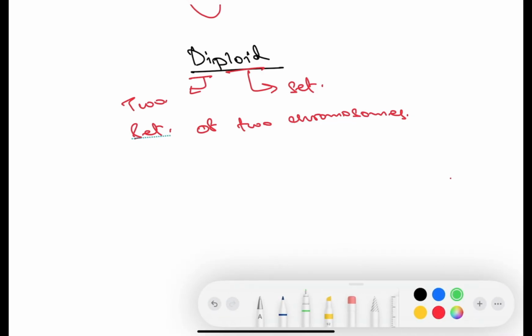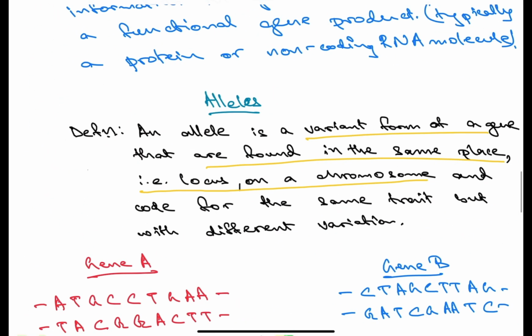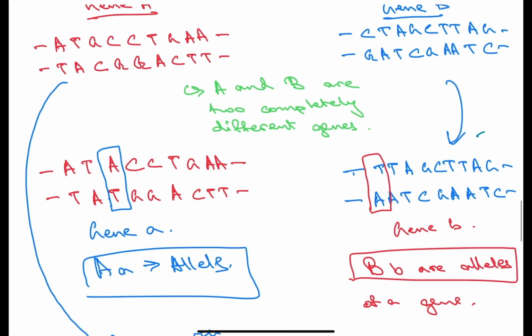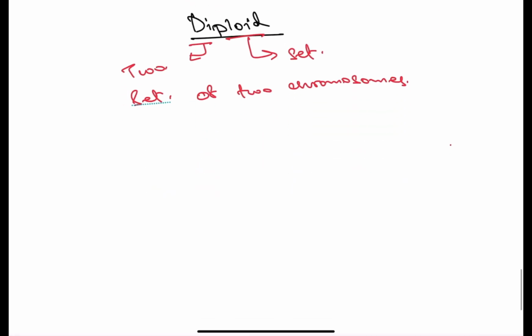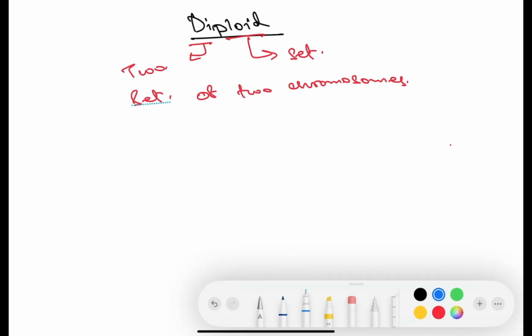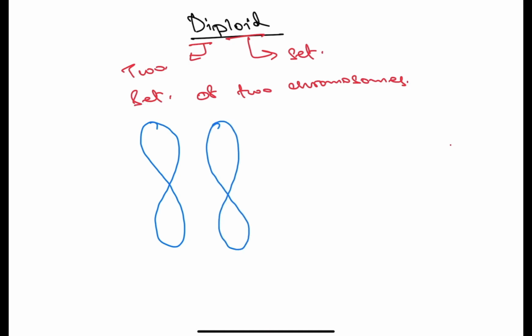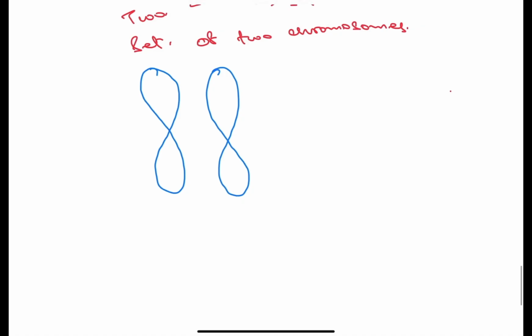So if we come to the definition, you can see it says they are found in the same place, that is, the locus on a chromosome. Since diploid organisms have two sets of chromosomes, suppose this is one chromosome and this is one chromosome. These two are identical, that is, homologous chromosomes, or a homologous pair.